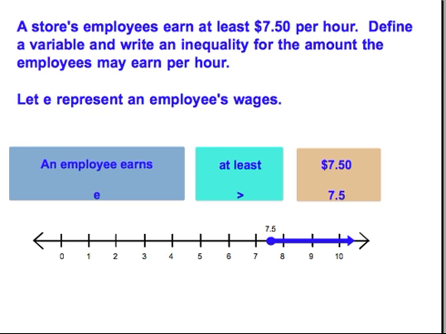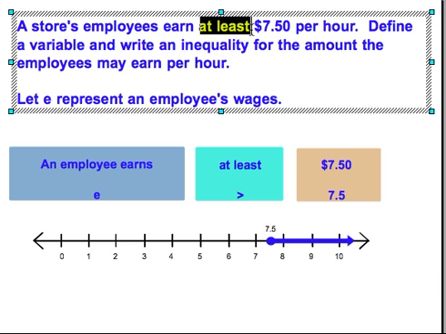Slide 223 models a word problem. So a store's employee earns at least $7.50 per hour. We have to define a variable and write an inequality for the amount the employees must earn per hour. So at least is going to be our center. That's going to be the symbol that we need. At least $7.50 per hour. And they make at least $7.50.